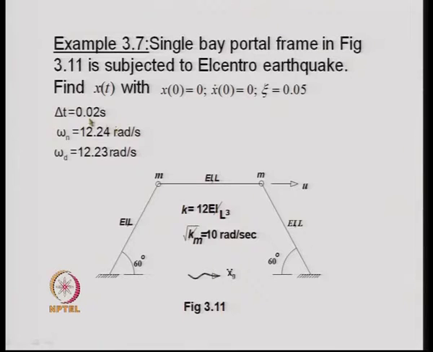The natural frequency of the system is equal to 12.24 radian per second, and the damped natural frequency is 12.23. They are very close to each other because the damping coefficient is very small, and the initial conditions are given as x0 equal to 0 and x dot 0 equal to 0, and the excitation is sampled at a time interval of 0.02 second.